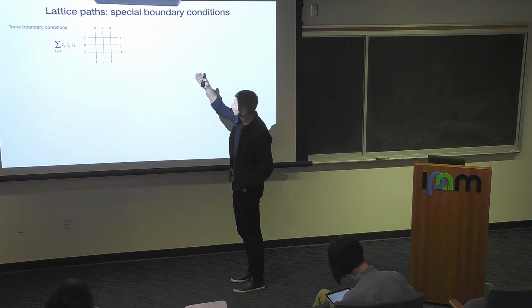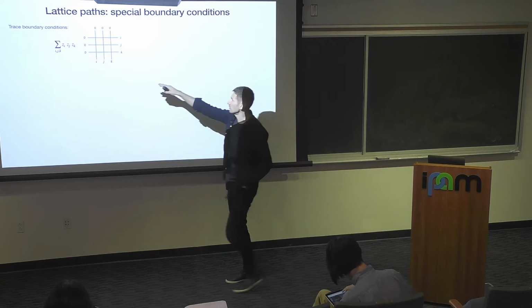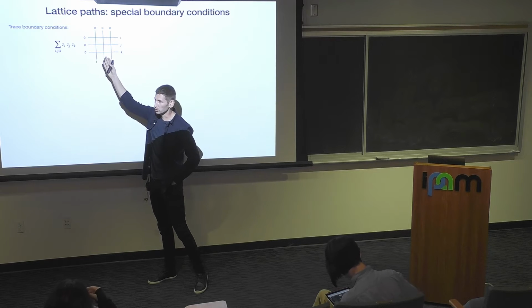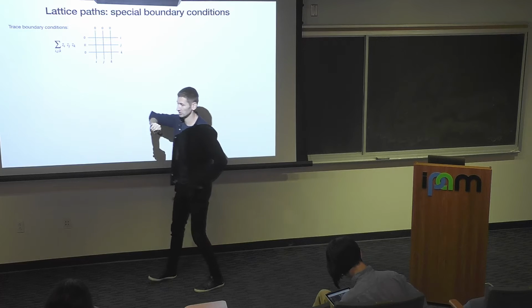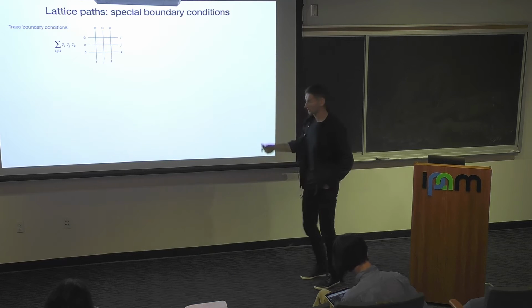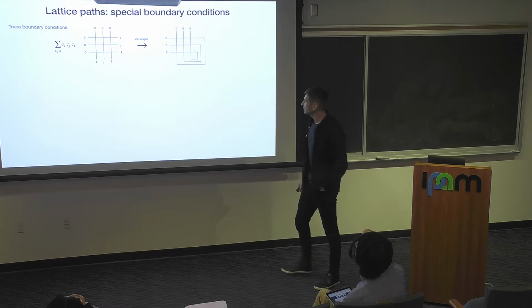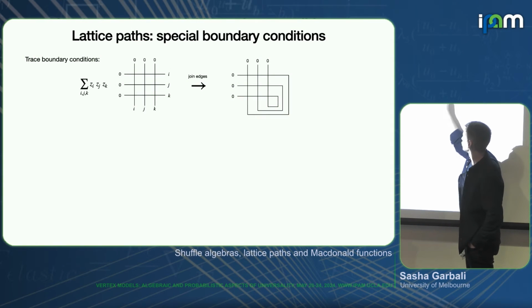And to have some control over such boundary conditions, I will put parameters z_i, z_j, z_k, so that if I would like to pick up a particular boundary condition, I can just ask for the coefficient of the monomial corresponding to the content of the colored paths. Because this is a sum, we can just join the lines together like this.